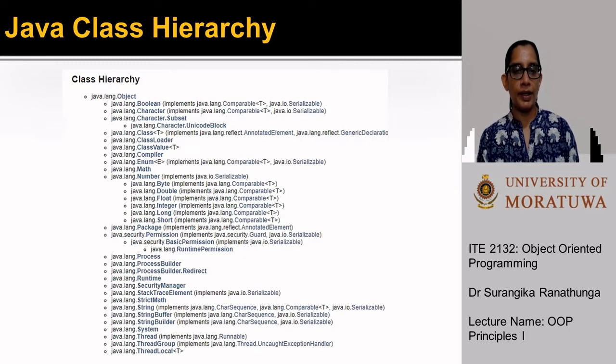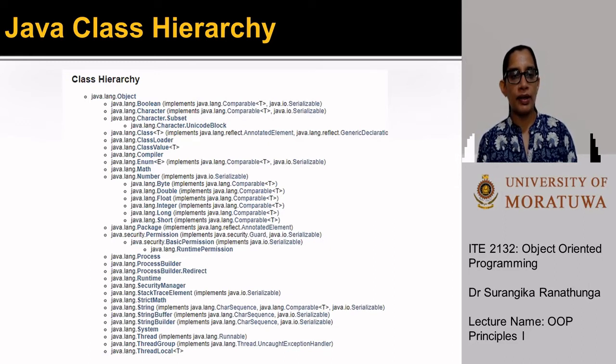So inheritance is a very extensively used property in the Java API. You might have already seen the Java class hierarchy. At the top, we have the object. All the classes in the Java API extend from the object. If you look at the middle, from object, we have the number subclass.